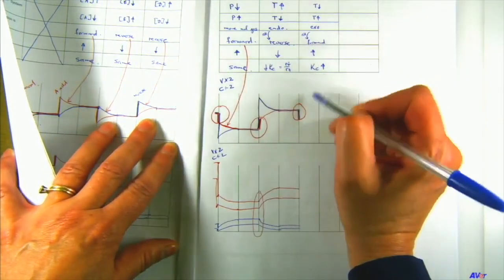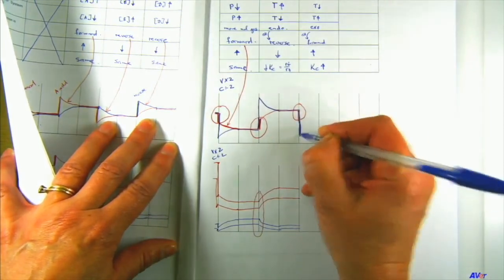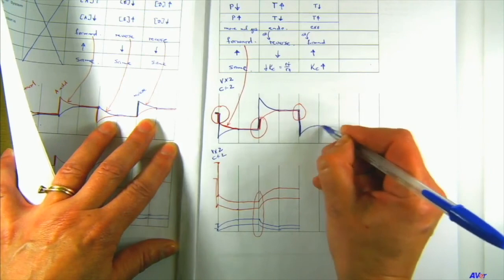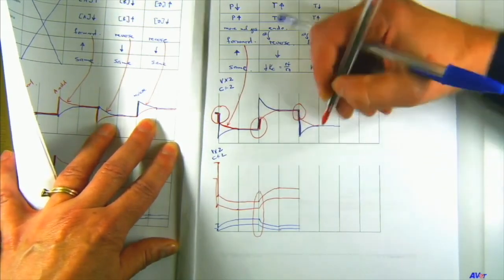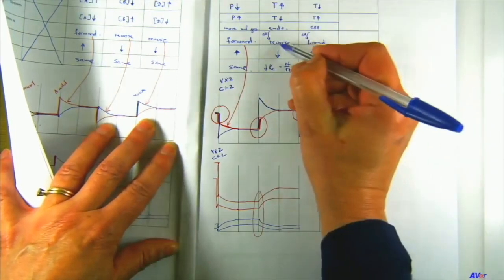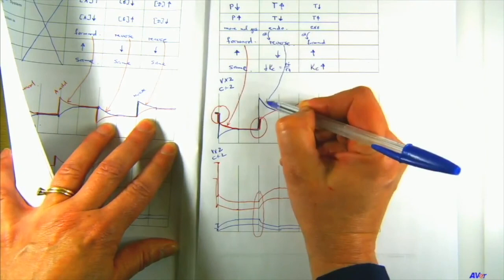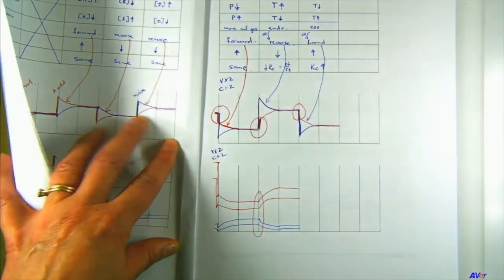So forward is only going down a little bit. Reverse is going down a lot. So if reverse is favored, it should have the bigger rate. If forward is favored, that should have the bigger rate.